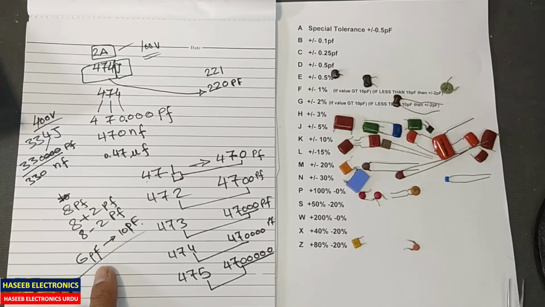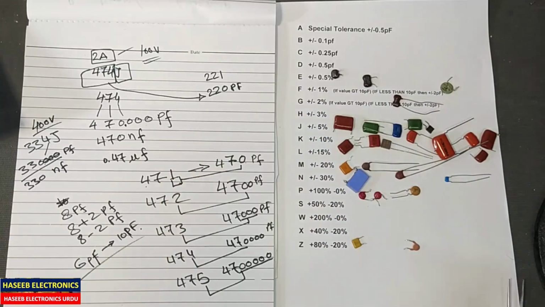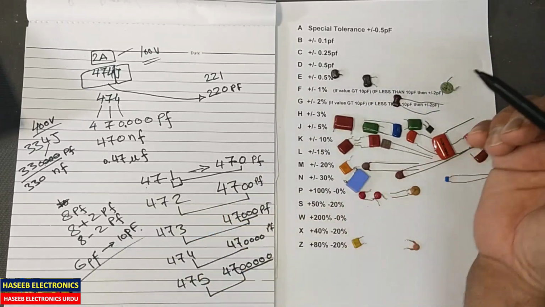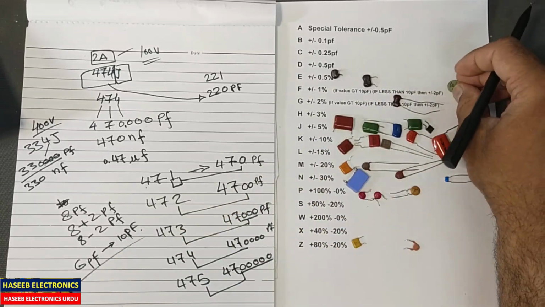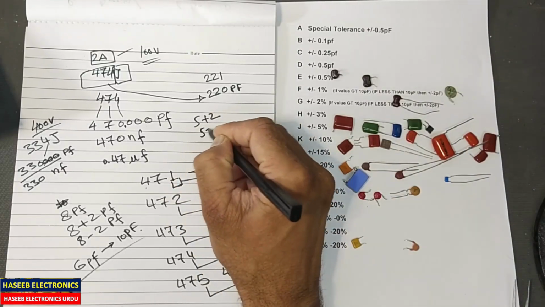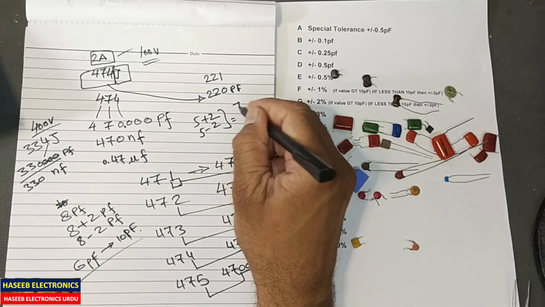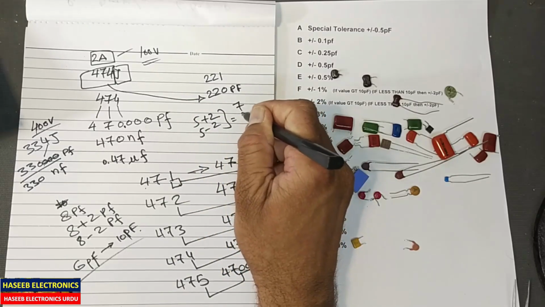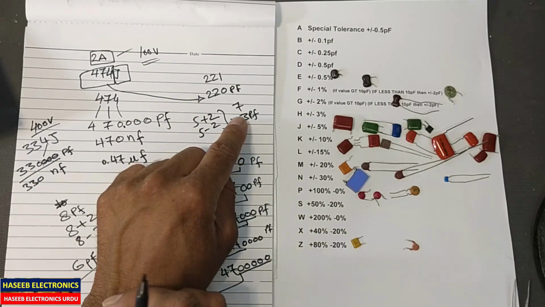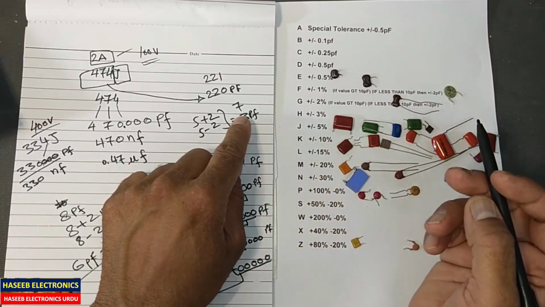Here it is 5F, that means 5 plus 2, 5 minus 2. 5 plus 2 is 7 picofarad and 3 picofarad. If you test it with the capacitance meter, its value will be within this range.